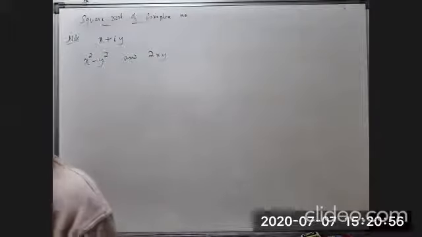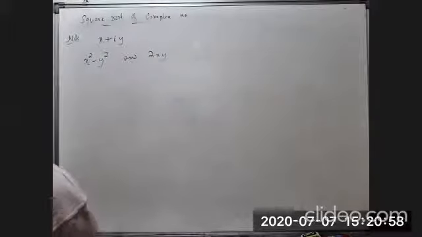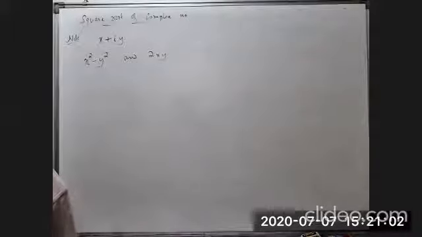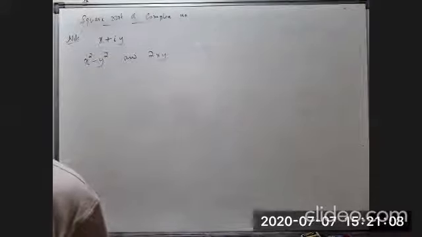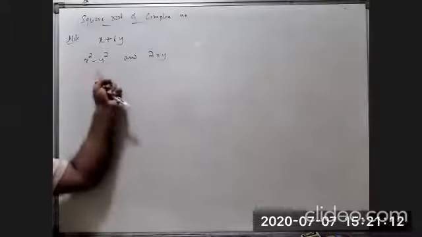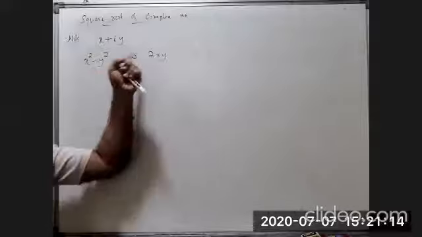Squaring and equating real and imaginary parts, we get x square minus y square and 2xy.